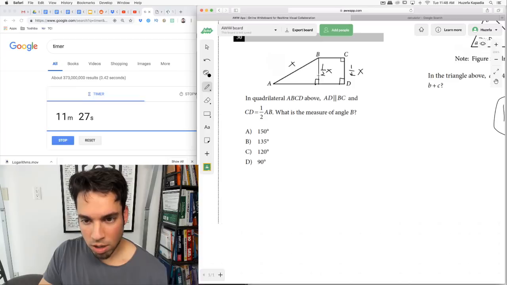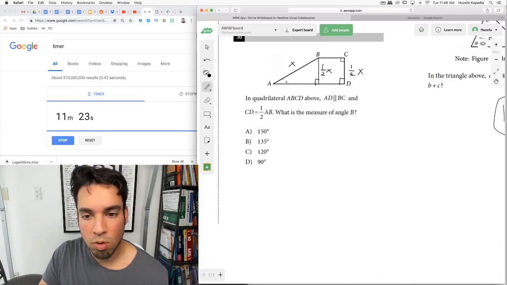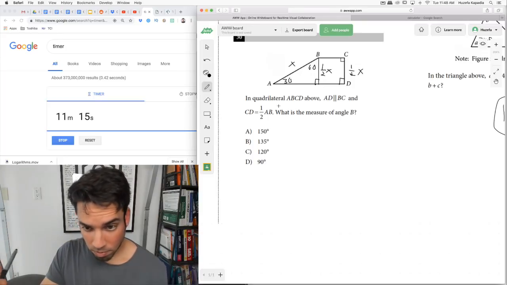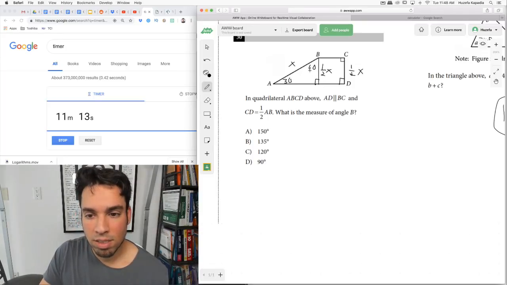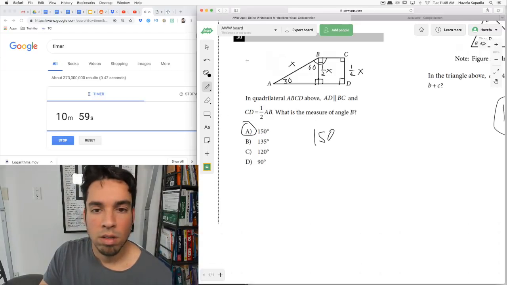So if this is a right triangle and this little guy is half the size of my hypotenuse, I'm already knowing that this must be a 30, 60, 90, which means this is X root 3, but it doesn't matter. I know that this angle is 60. I know that this angle is also 90, right? I kind of made a rectangle. So this entire angle B is 60 plus 90, which is 150. And that's it. Okay.